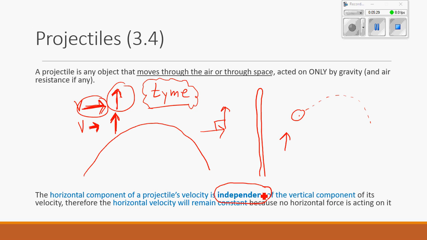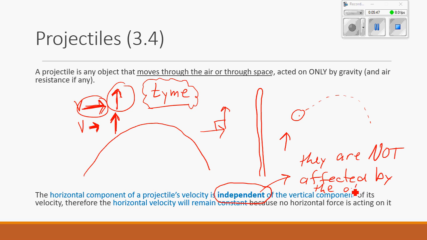Which I'm going to reiterate, it just means they are not affected by each other. Okay, so it's very important to keep that in mind.